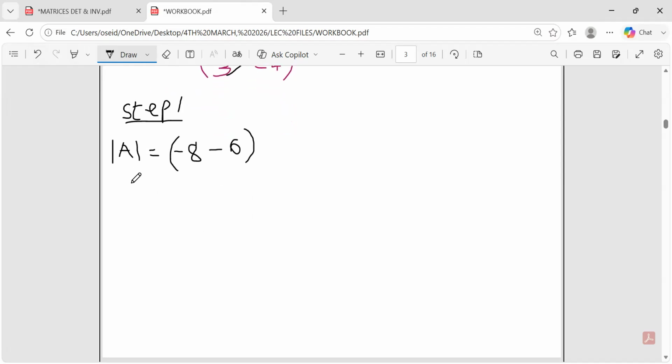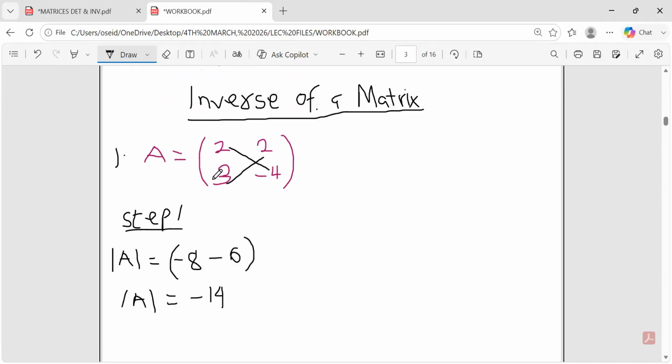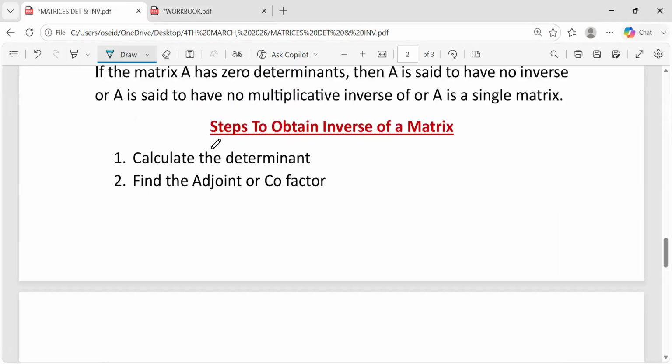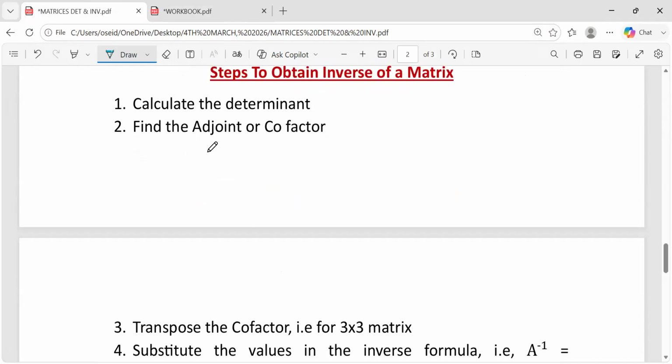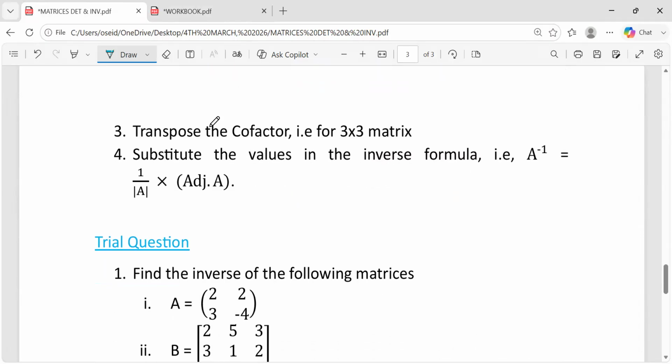So det A equals negative 8 minus 6, which is negative 14. Are we following?